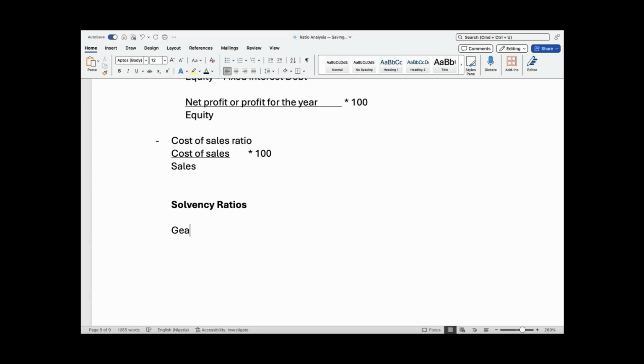And the most important solvency ratio is gearing ratio. Gearing ratio looks at the amount of debt, and specifically fixed interest debt, that is present in an entity's capital structure. So it's fixed interest debt over fixed interest debt plus equity.